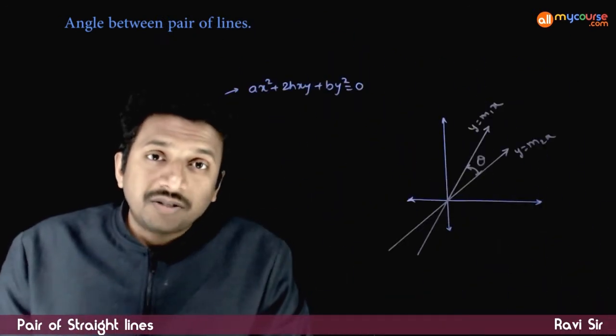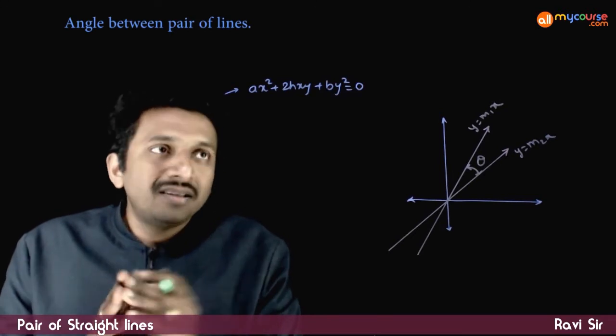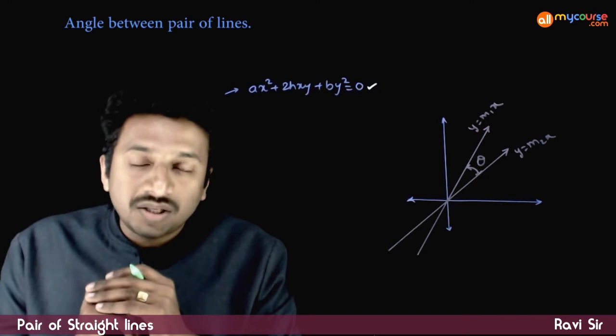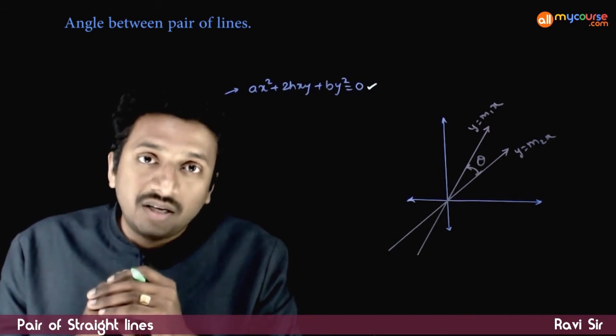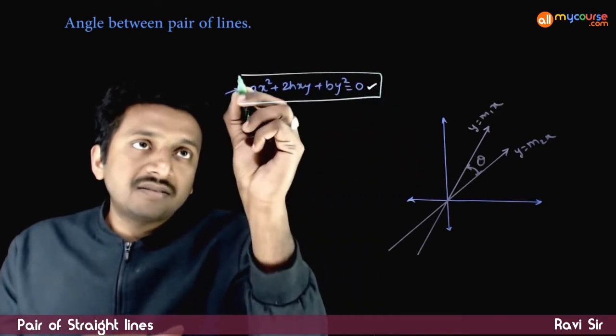In this video, let us look at how to find the angle between the pair of lines represented by the equation ax square plus 2hxy plus by square is equal to 0. So now you have this pair of lines.